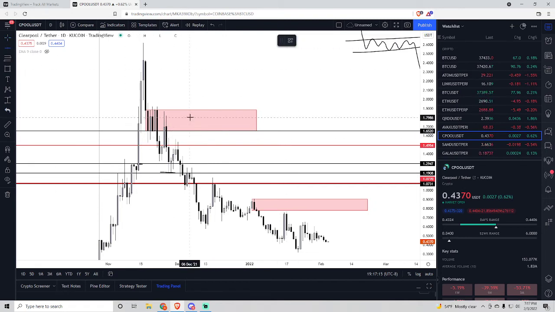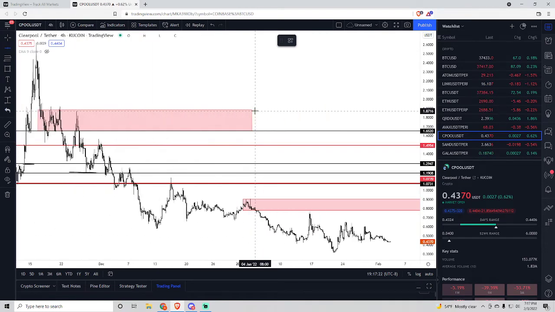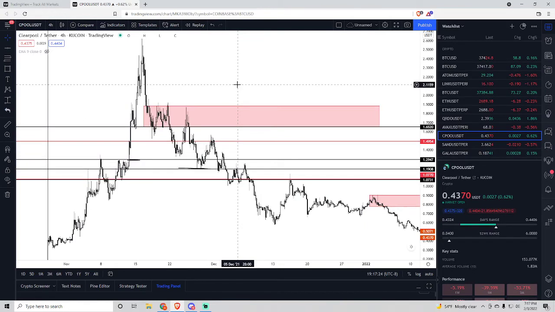How are we going to place our bids? Again, not enough data here, so we're going to look at a 4-hour. So 15% will be at the entry, and we're shorting this because it's a supply zone. So 15% here.